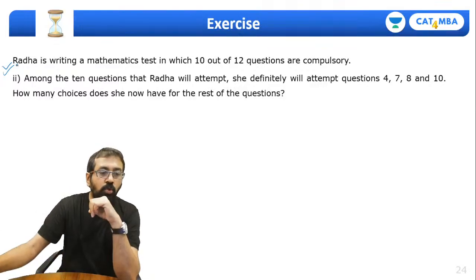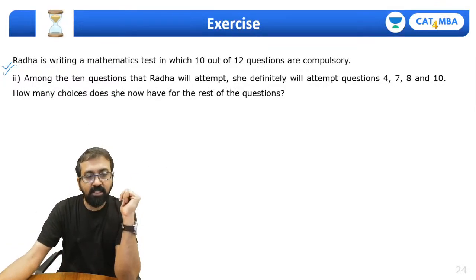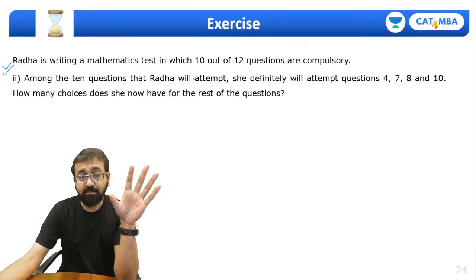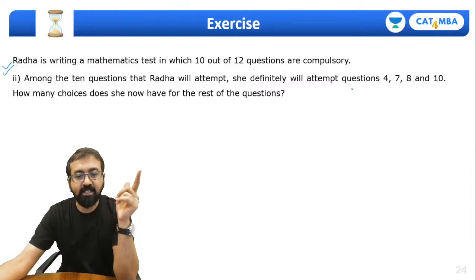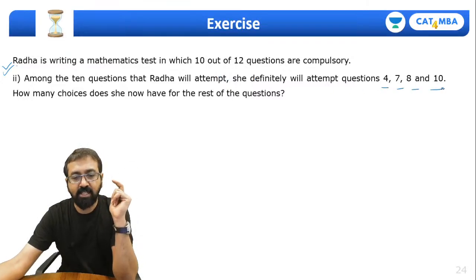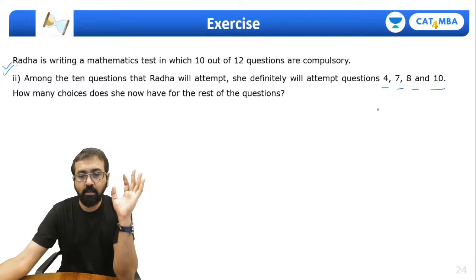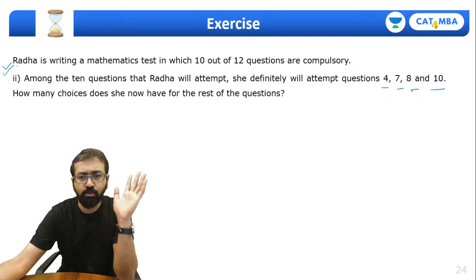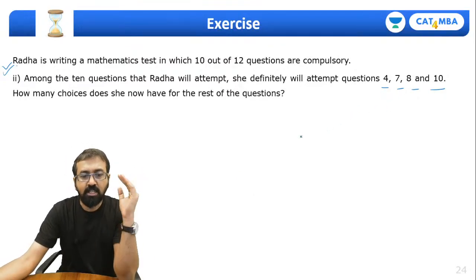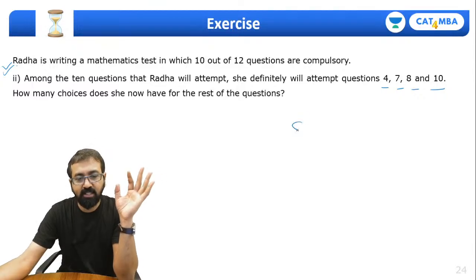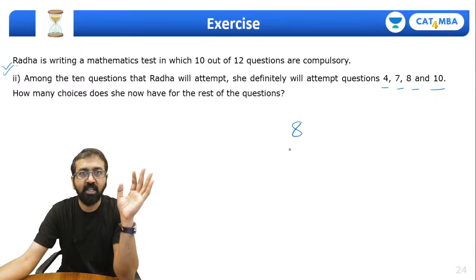Yes. So again, among the 10 questions that Radha will attempt, it is given that she is going to attempt only 10 questions. She will definitely attempt question number 4, 7, 8 and 10. She is going to attempt these 4 questions, so there is only one way to do it. Now, how many questions is she left with? She is left with 8 questions, right?